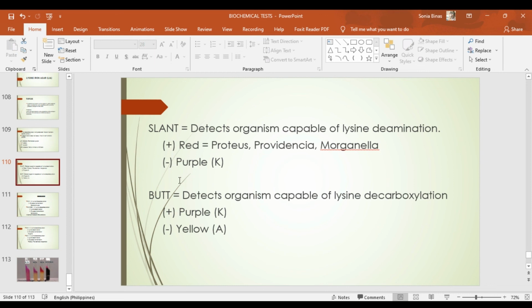While pag negative or K is our purple color. So, kung ang slant ang nagde-detect ng lysine deamination, ang butt naman ang nagde-detect ng lysine decarboxylation. Baliktad naman sila, ang purple naman ang ating positive reaction, while the yellow is our negative reaction.